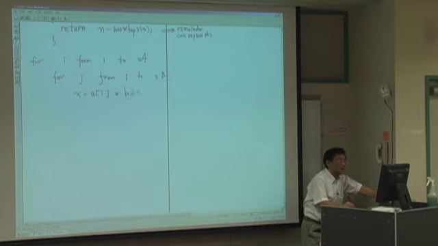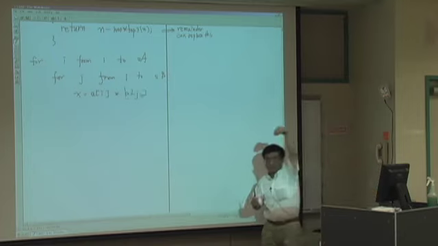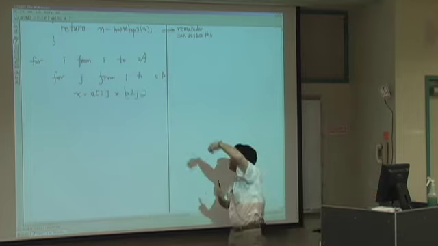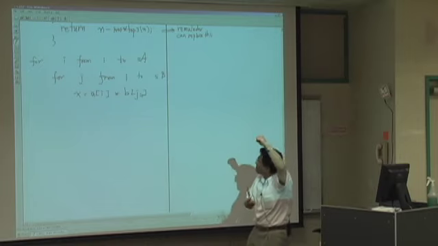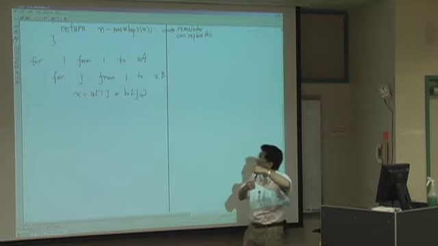Any questions? I multiply two numbers, right? Here, one number here, one number down, one number up, one number down.